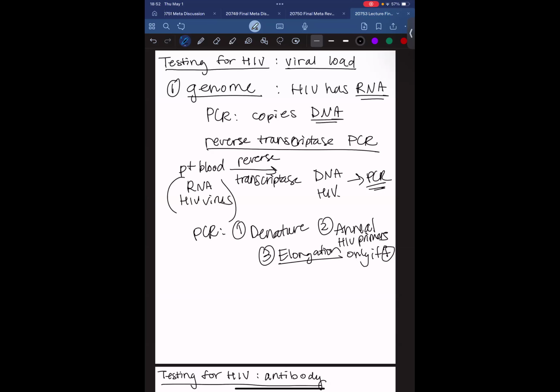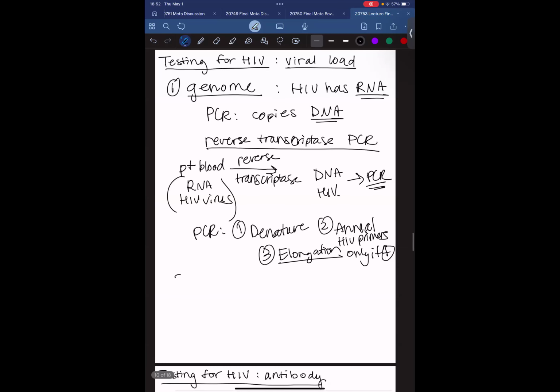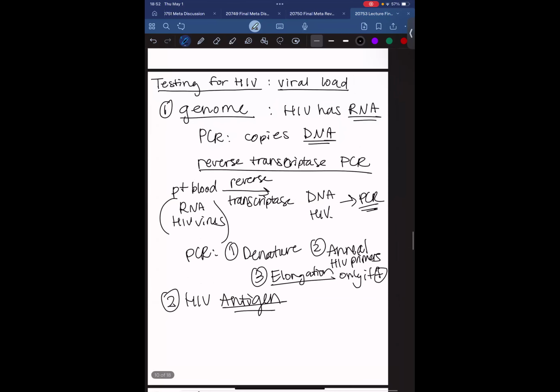Okay, so there's that. Another thing we can do is look for the actual HIV antigen. Now, not looking for the antibodies to it yet. We'll come back to that, okay? So right now we're talking about looking for the HIV surface antigen, maybe the spike proteins.